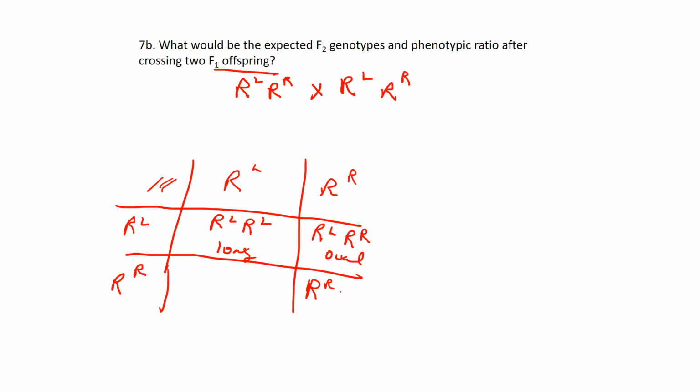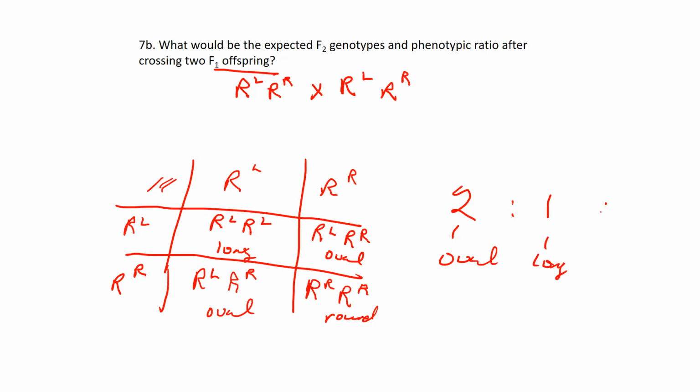Capital R superscript R, capital R superscript R, that's going to be round. And capital R superscript L, capital R superscript R, that's going to be oval. Count up the boxes. Two of them are going to be oval, one of them is going to be long, and one of these is going to be round. And there is our phenotypic ratio.